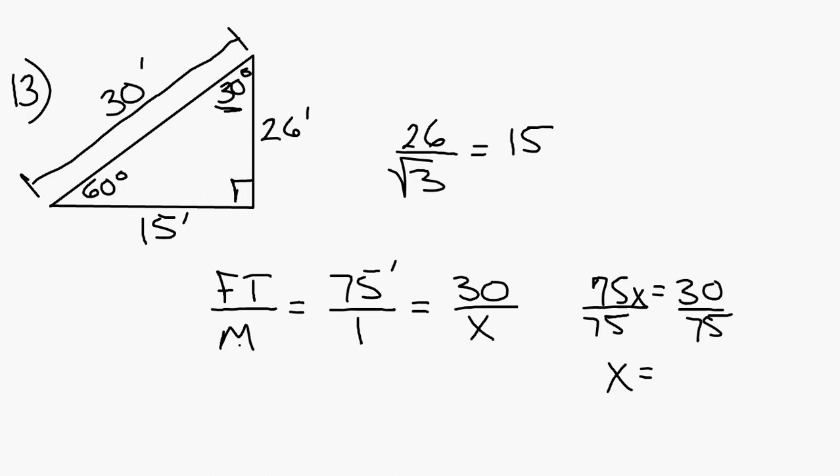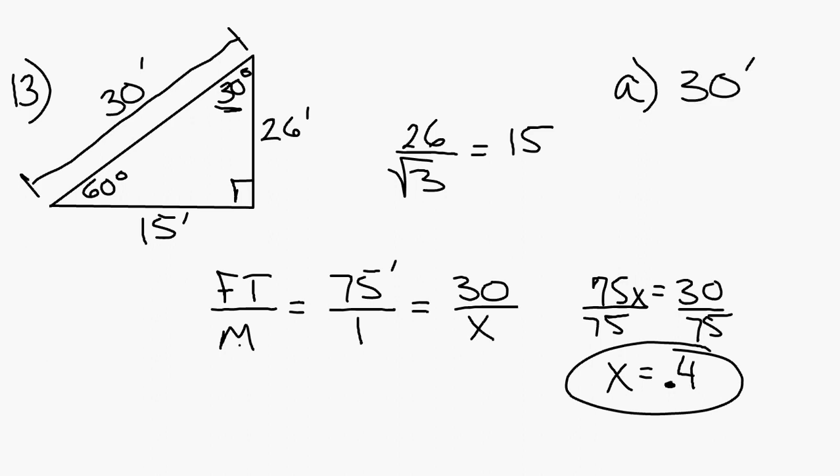Alright, so the first part of that question, how far do the supplies travel? They travel 30 feet. Part B, to the nearest tenth of a minute, how long does it take the supplies to move to the second floor? Nearest tenth of a minute, so that's going to be 0.4 minutes.